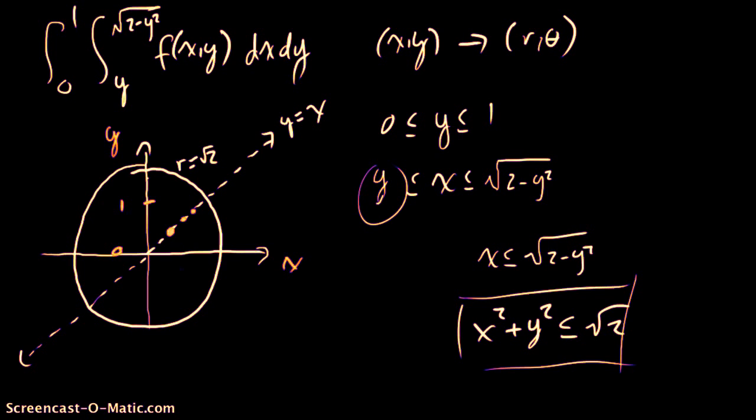Well, the x values can only go between two functions: the function y and the function the square root of 2 minus y squared. But I just showed you that this was the outer edge of the circle, so I'm going to draw a line increase. I'm going to start from the lowest one, and I'm going to go to the highest x value, which is the outer edge of that circle.